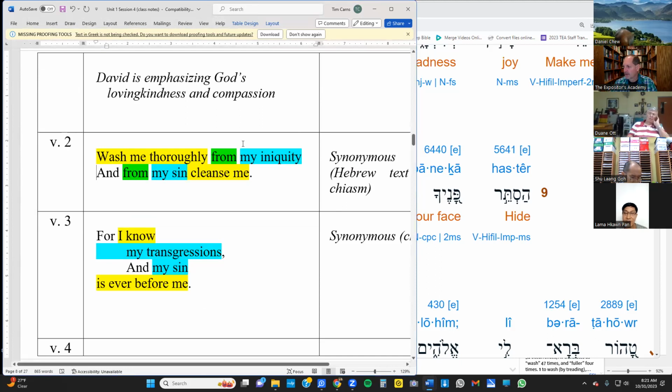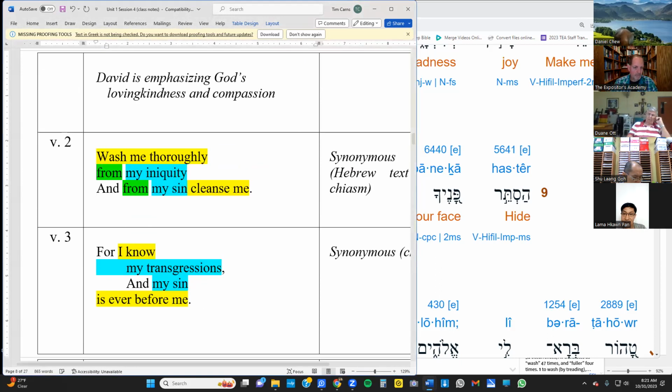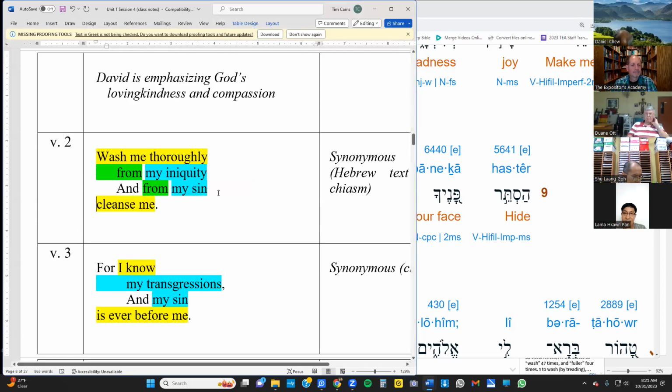Yes. Or was there not? Yeah, there was, right? In the Hebrew. Chiasm. Yes. Okay, and again, notice, we're seeing a pattern here, aren't we? Yes. And I think, again, by noticing this, guys, this guides us into correctly understanding what David is saying.